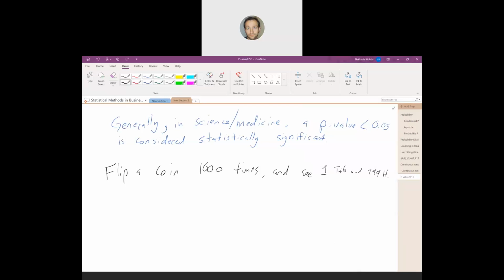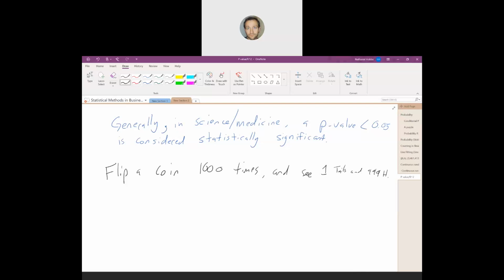If somebody tells you that they flipped a coin 1,000 times, and out of those 1,000 flips they only saw 1 tails, something strange is going on. That is not a normal thing. That coin is probably a weighted coin. It prefers heads. Maybe it lands on heads 99 times out of 100.